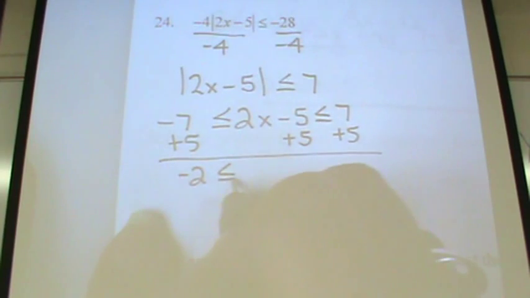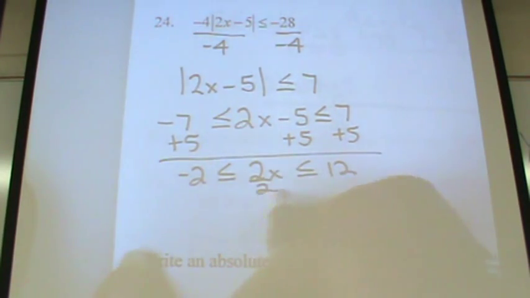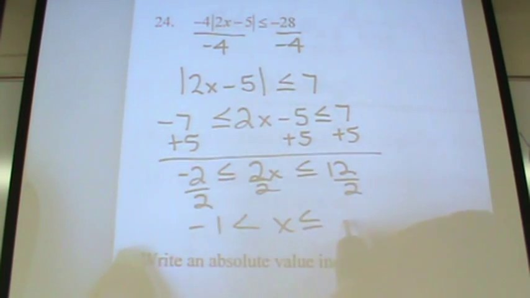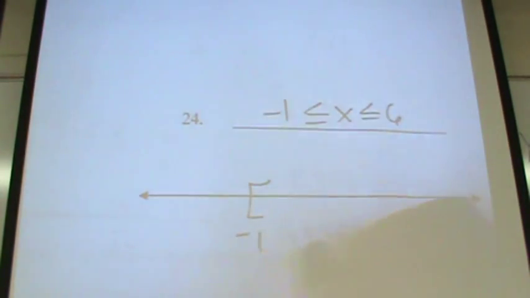So negative 2 is less than or equal to 2x, less than or equal to 12. Divide by 2. Negative 1 less than x, less than or equal to 6. These are both less than or equal to. So x is less than or equal to 6 and greater than or equal to negative 1. It looks like this graph. And you're going to shade in between.